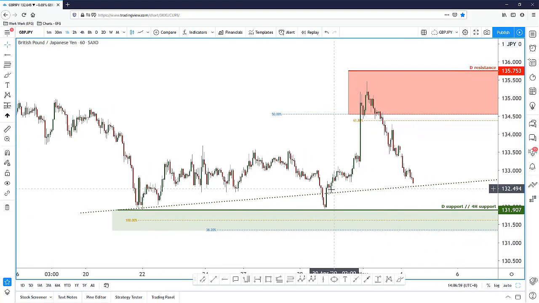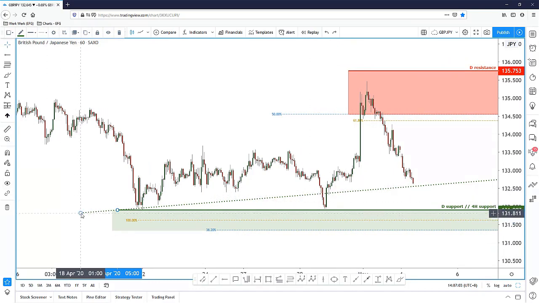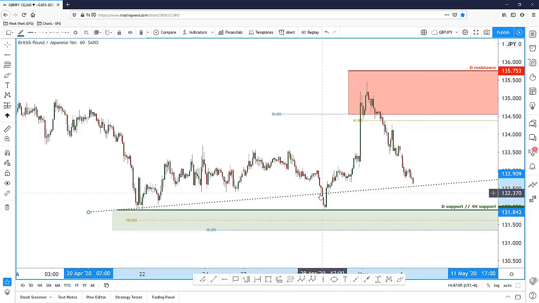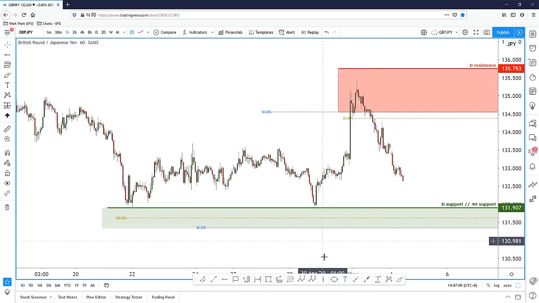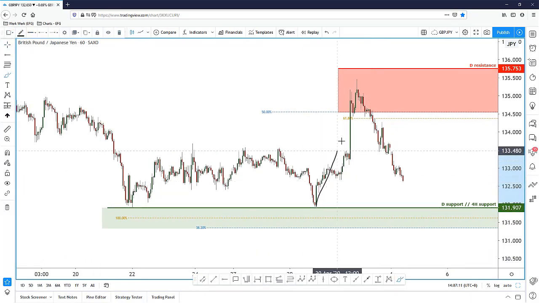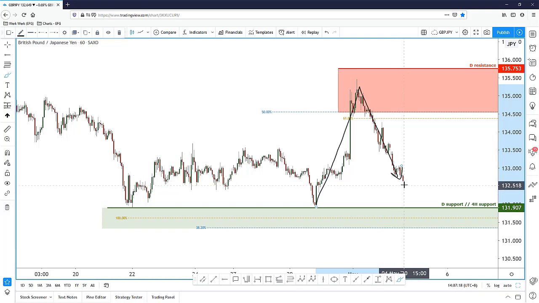It's interesting to note that this was the fake out that we saw on the 4 hours. Okay, so because the trend line is cut, it's not a very nice trend line on the 1 hour, so we can remove it. But we see that there's this huge push up and then a nearly A-shaped pullback. So this retracement, we want to see how far price can actually go down, right?